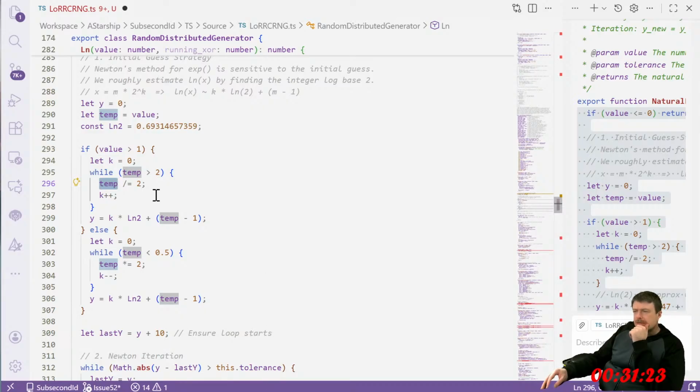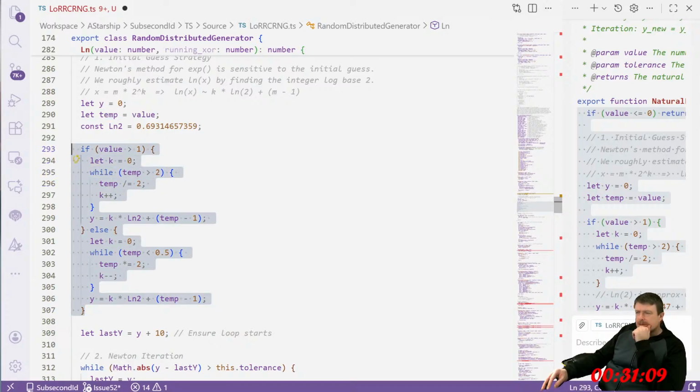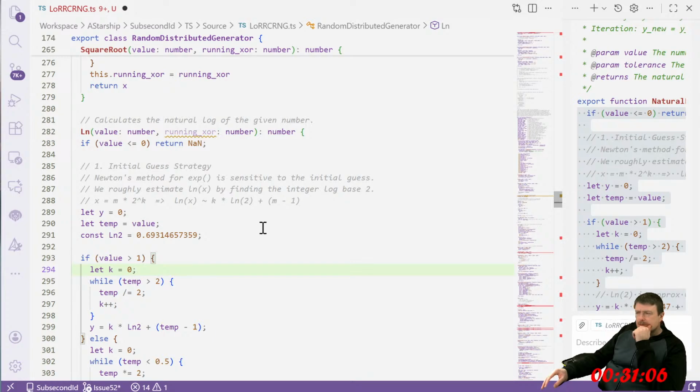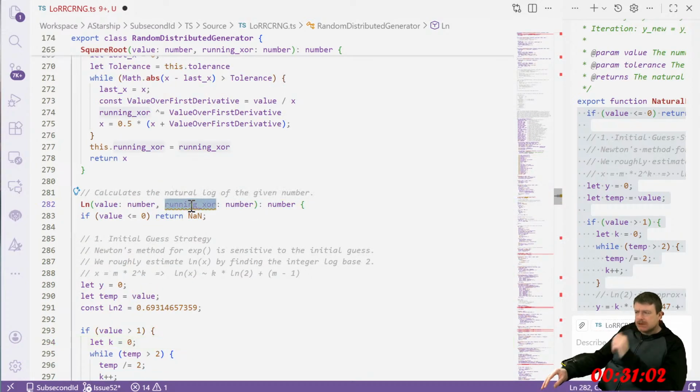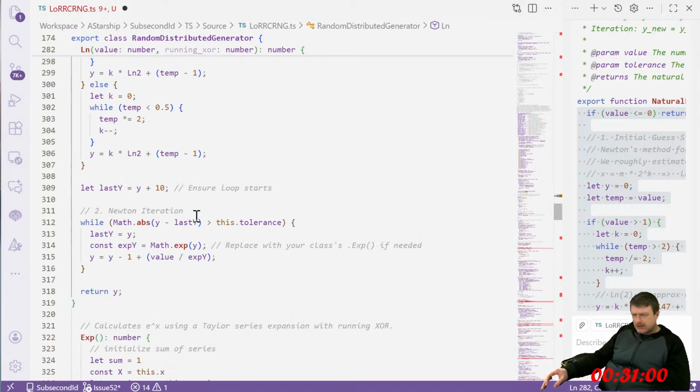Dividing plus 2. I don't really want to do that with this. So this is bit shifting. I'm not going to touch this. Let's hope it works. Alright, so we don't want to use that there. We use that here.